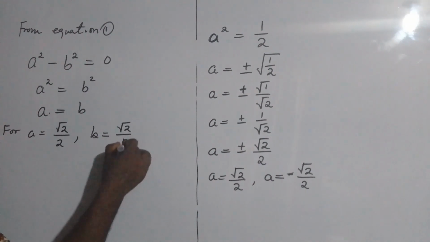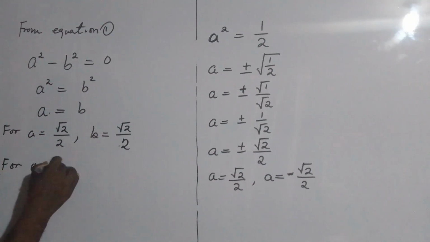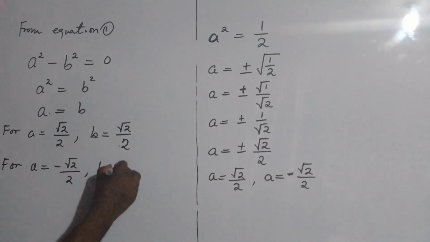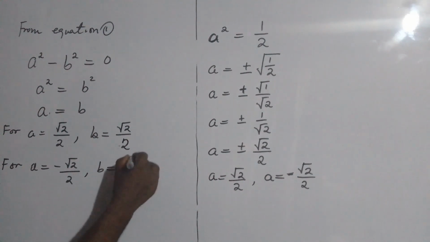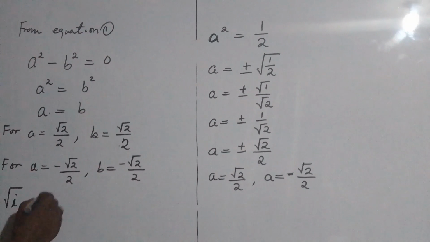For a equal to minus root 2 over 2, then we have it that b also will be equal to minus root 2 over 2. So what that means is that for i, the square root of i, we are going to get two values, which will be plus and minus.